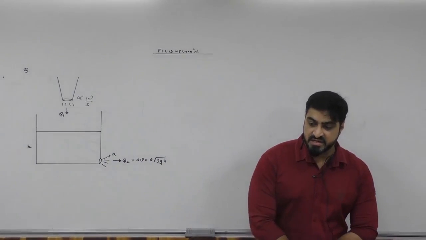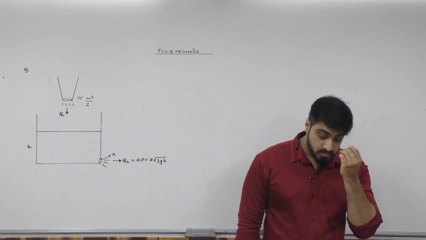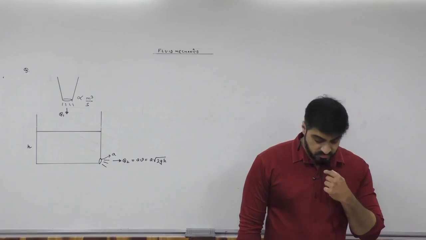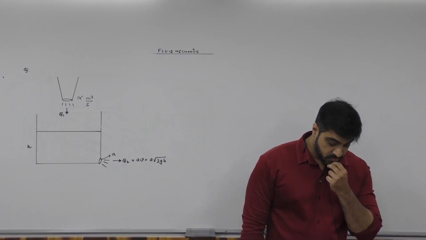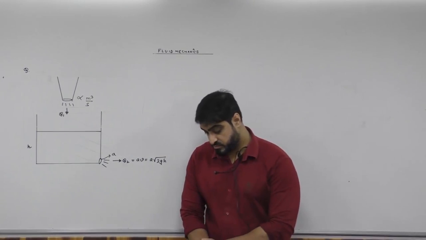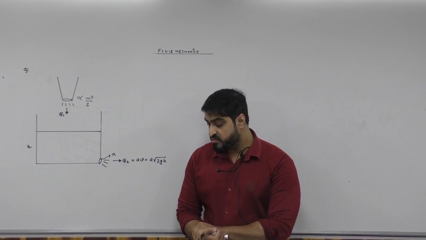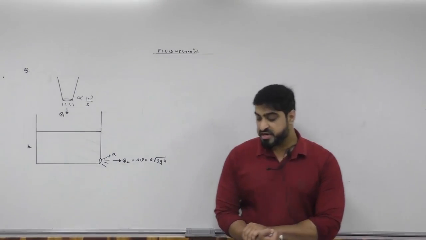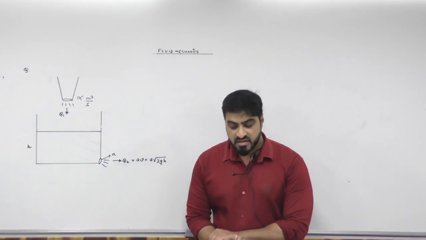As height will increase, Q2 will increase. At a certain height, Q1 will become equal to Q2. The inflow rate and the outflow rate will be the same. Find that height.